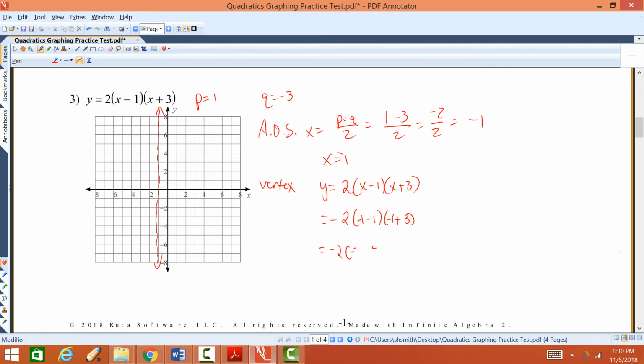Okay, so negative 2 times negative 2 times 2, which would be 8. So negative 1, 8 is all the way up here. That doesn't make sense either.